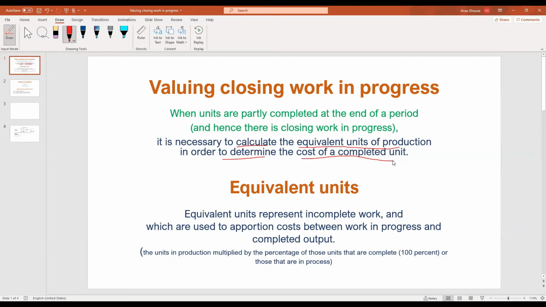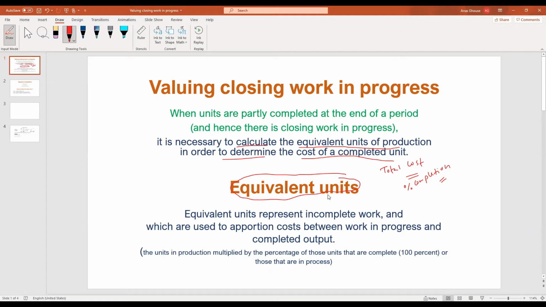We just can't take the total cost incurred on work in progress. It has to be calculated proportionately based on the percentage of completion. So therefore we need to calculate the equivalent units.